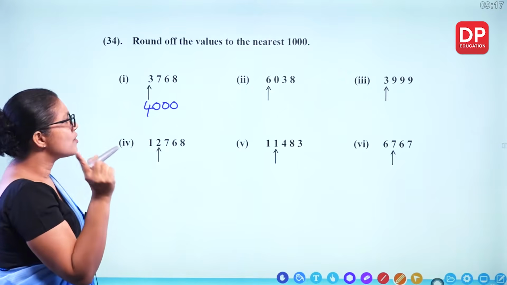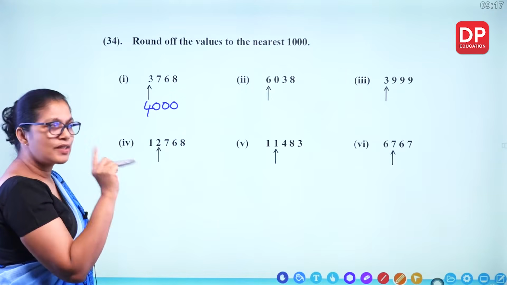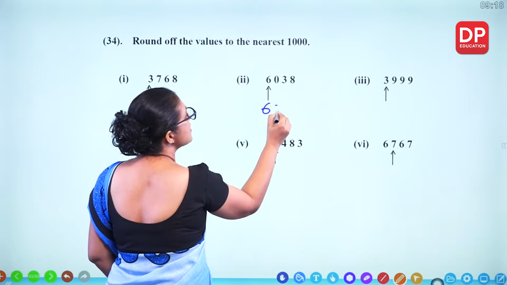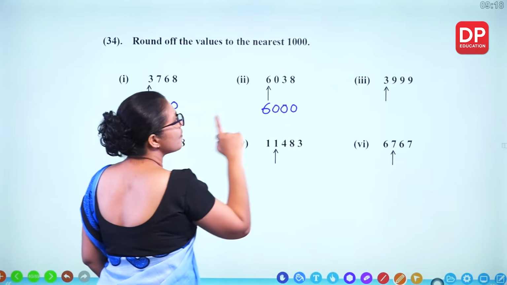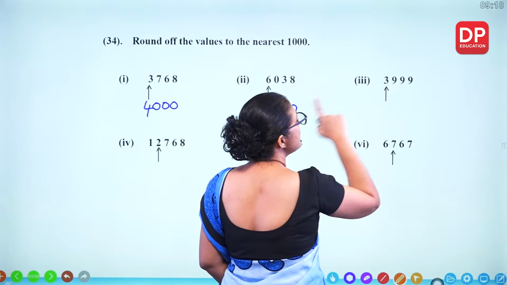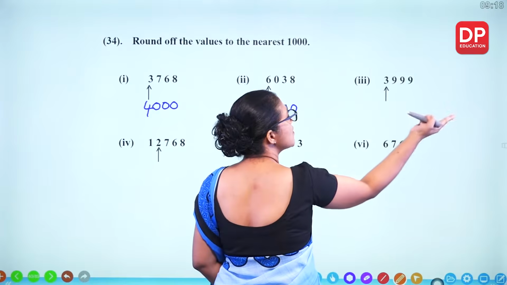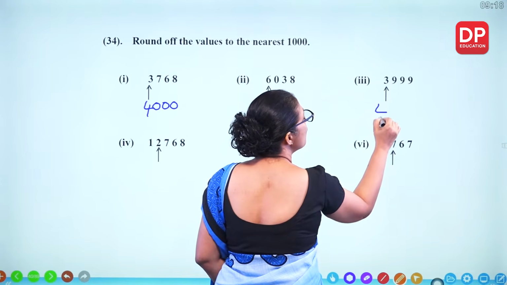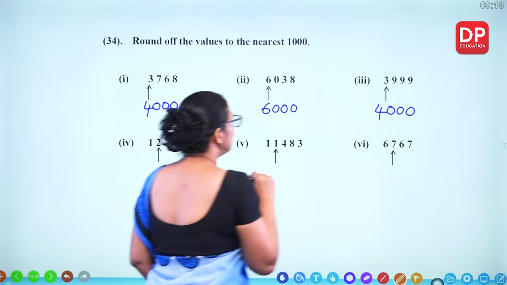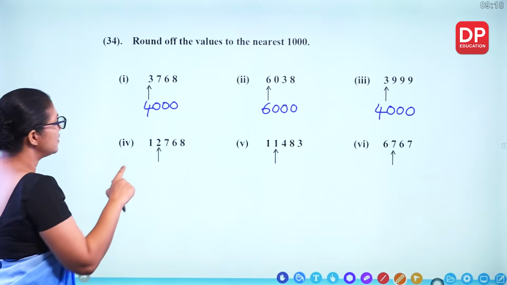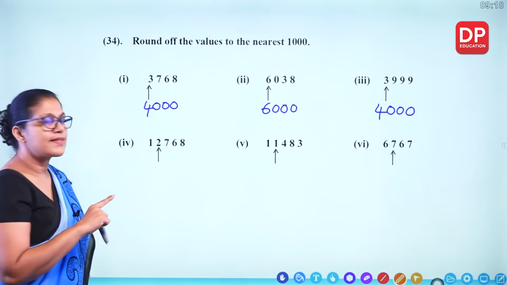6038. Is it 6000 or 7000? The closest value is 6000. 3999. Is it 3000 or 4000? This is closer to 4000. This one, 2768.